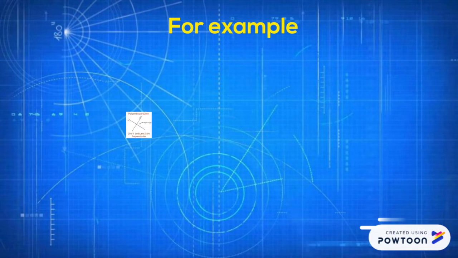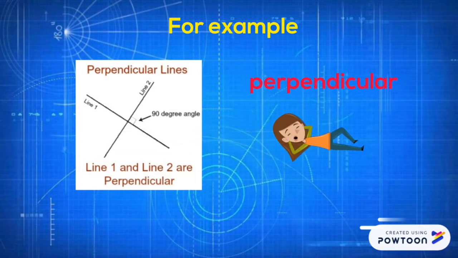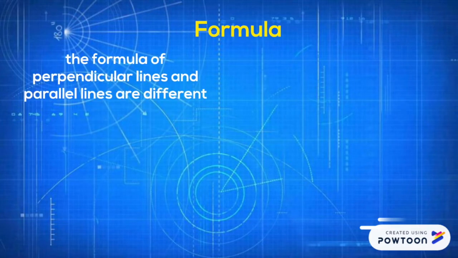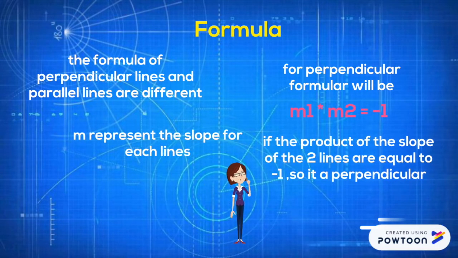And the second one is something we usually solve in our math class, because it's the perpendicular line. It's two lines that intersect each other and create a 90-degree angle. The formula for perpendicular lines is different from parallel lines, because for perpendicular lines you multiply the slopes of the two lines together and get a product of negative one.